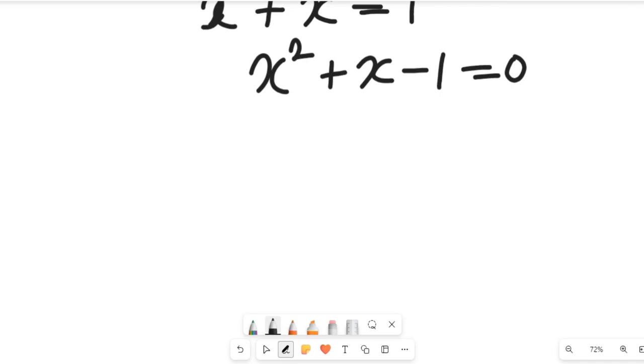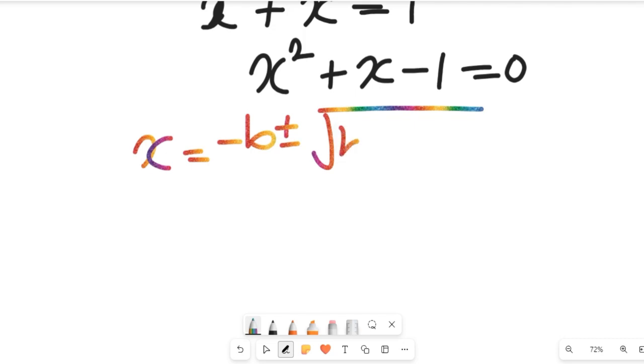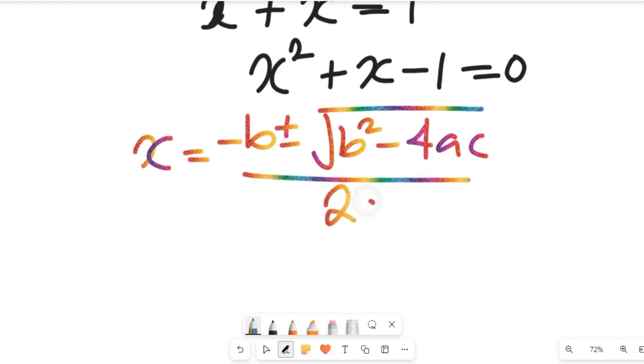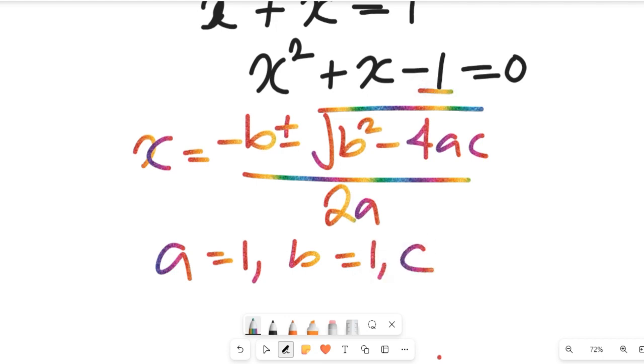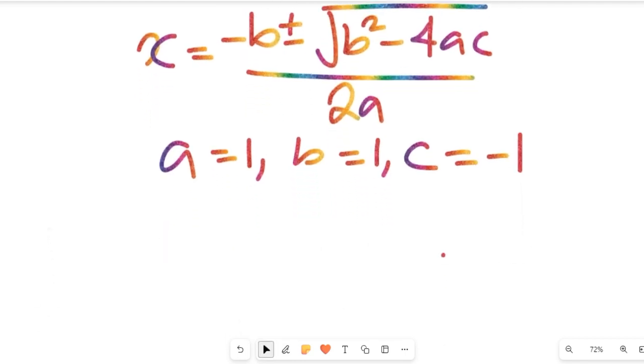So if we solve the quadratic equation for x, using the quadratic formula, x is equal to minus b plus or minus the square root of b squared minus 4ac, divided by 2a, where a is equal to 1, b is equal to 1, and c is equal to negative 1. So we are going to substitute the values of a, b, and c into the quadratic formula.